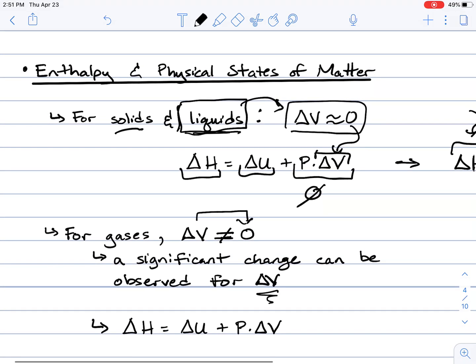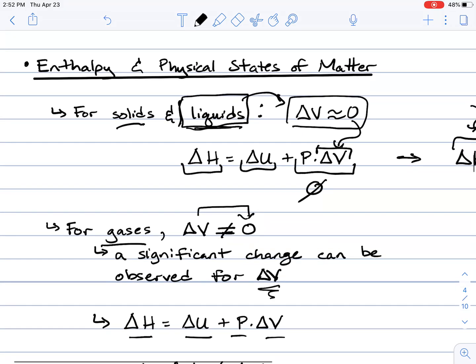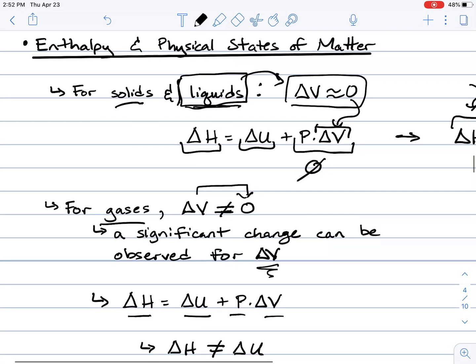When we're looking at the equation that relates enthalpy and internal energy for gases, we can't cancel anything out or approximate anything. At this point, we have to consider all 4 terms: enthalpy, change in internal energy, pressure, and change in volume.